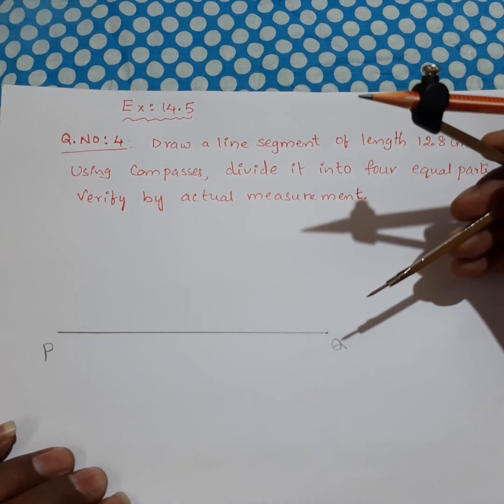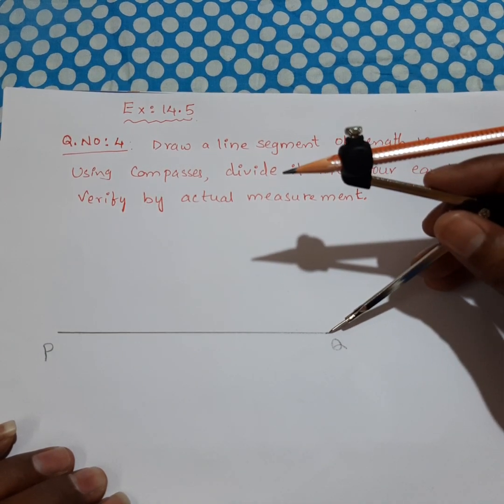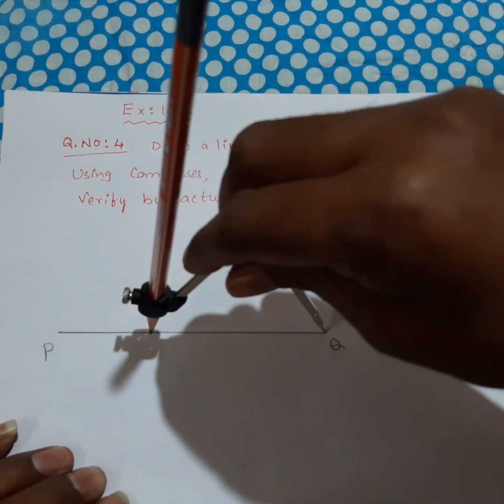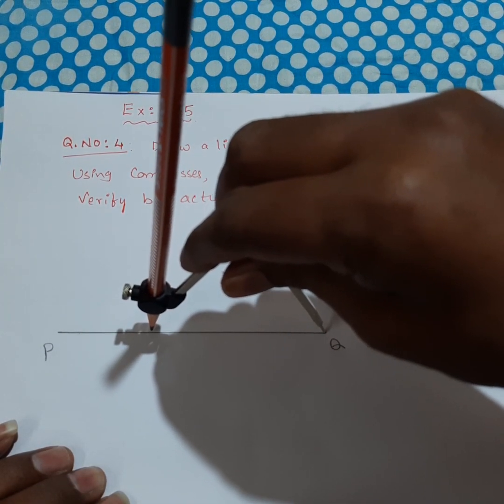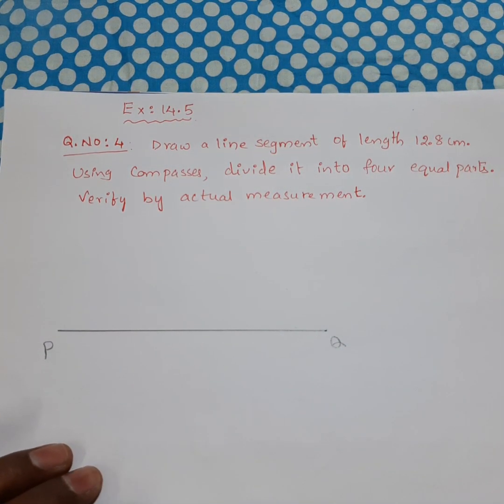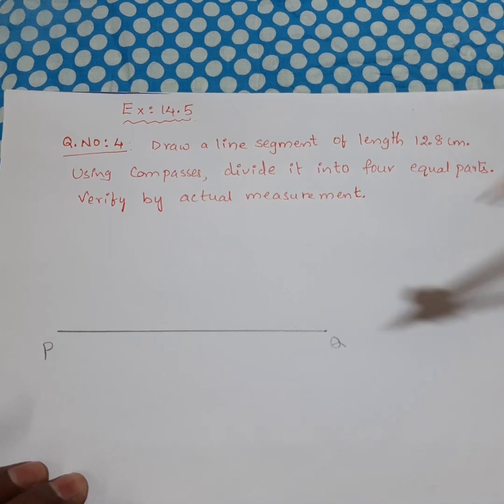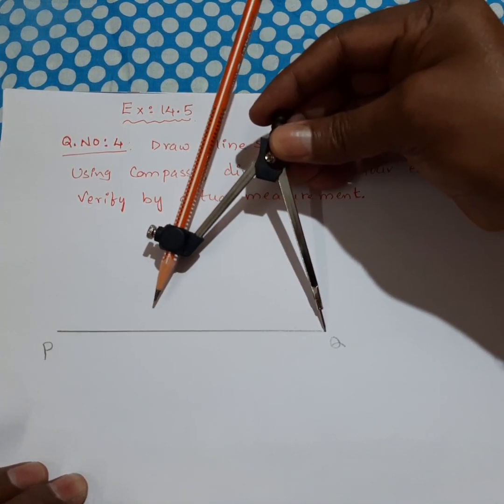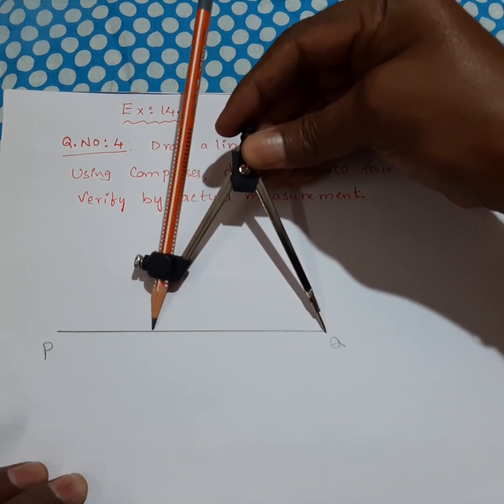Take more than 6.4, almost 7 centimeters. Maybe 7 or 8 or 9 you can take. See this here, it is more than half of the length. Is this clear, children?